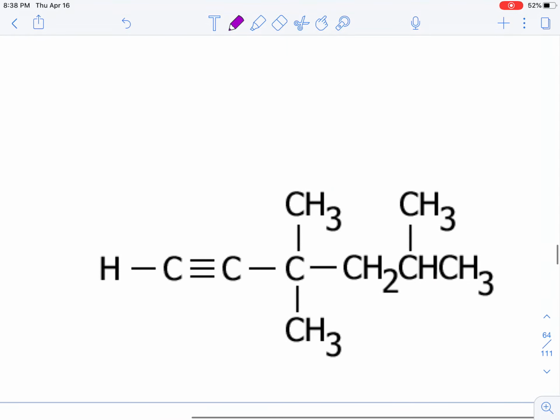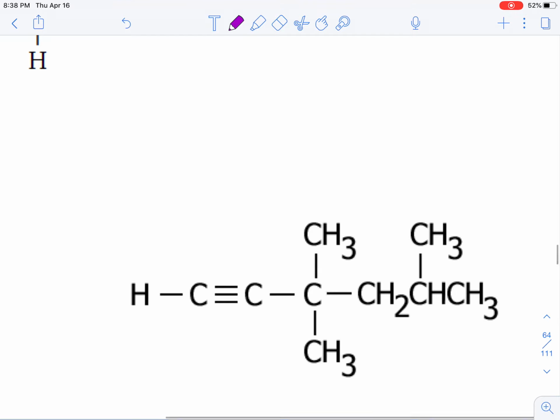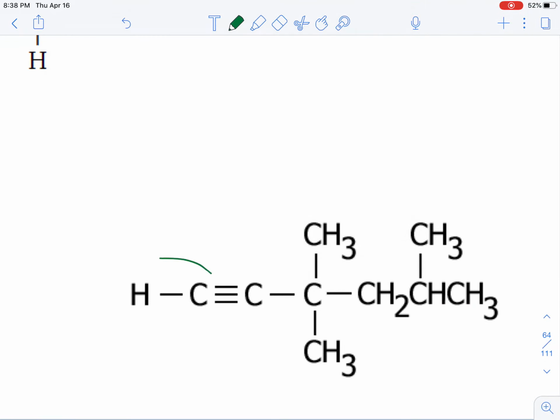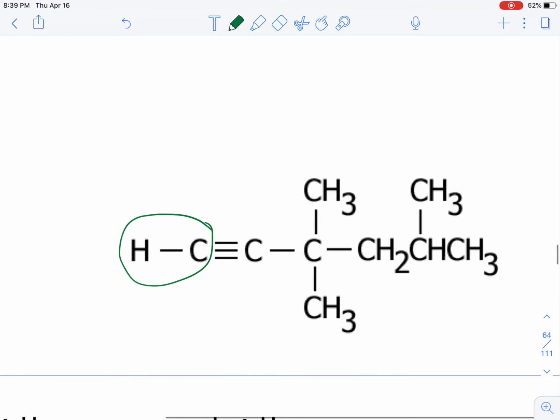So if I wanted to represent the condensed structure using this expanded structure, somewhat expanded, it's already been condensed for me. I'm just going to go ahead and start grouping things. So this is CH.